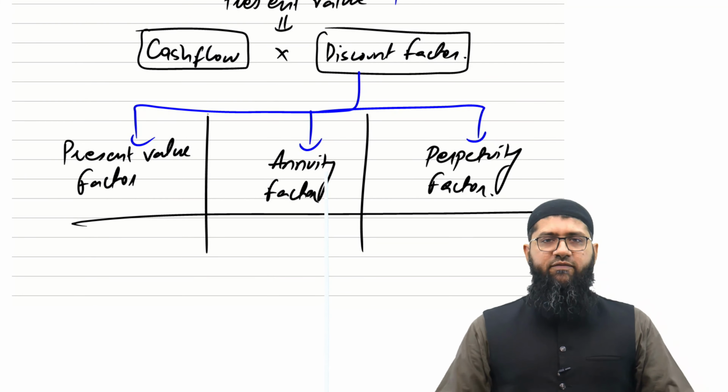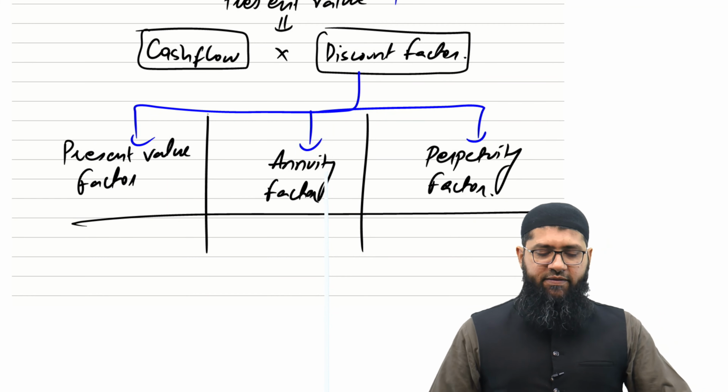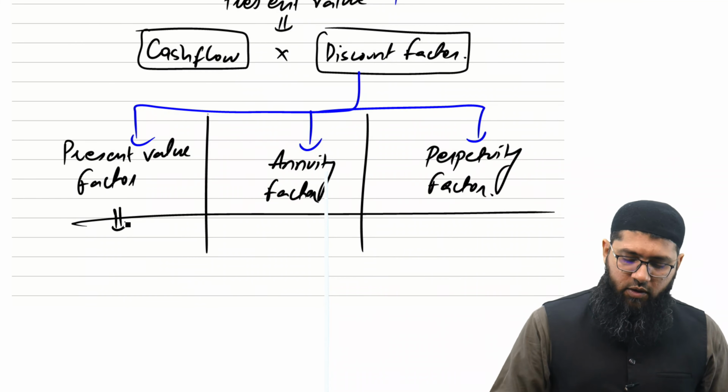So there is this present value factor, there is this annuity factor, and there is this perpetuity factor.